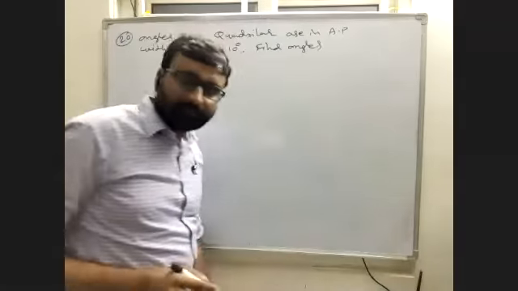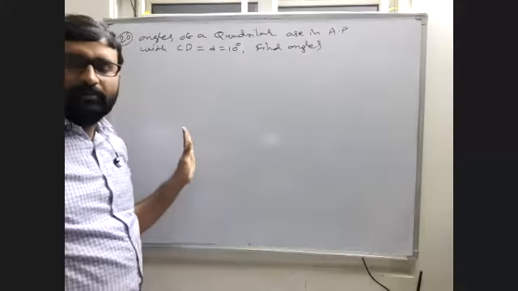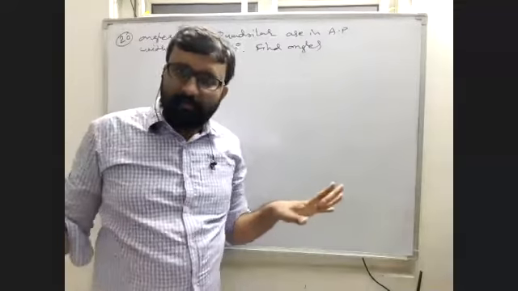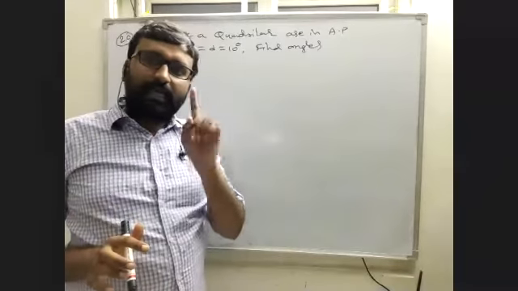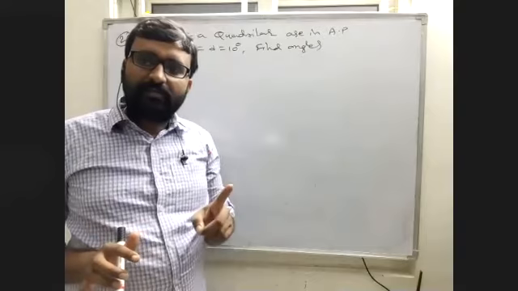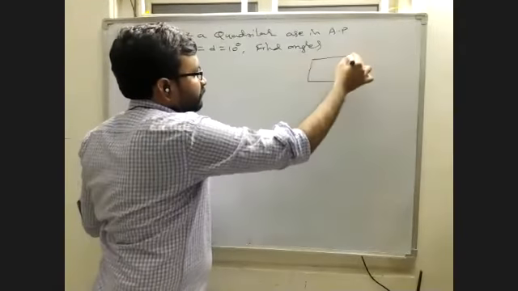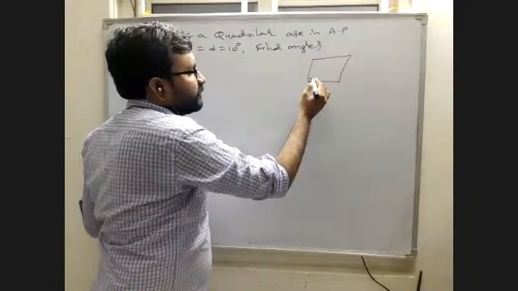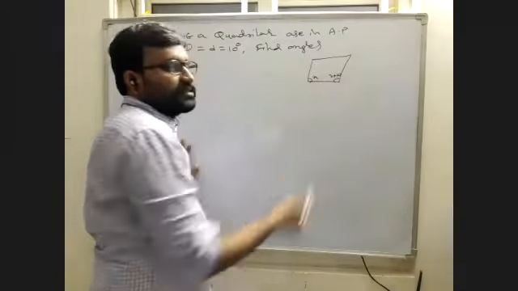Very easy. We don't know any angle out of the 4 angles, but the angles have the common difference of 10 degrees. Suppose this is a quadrilateral. If this is x, this will be x plus 10. The common difference is 10.